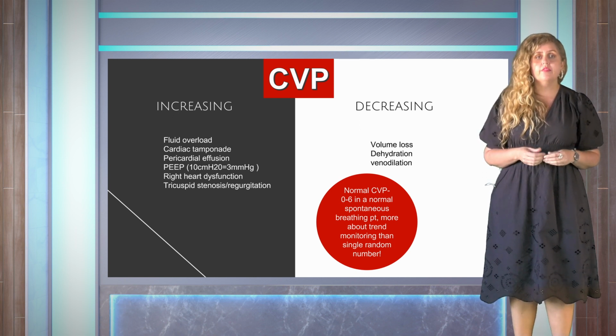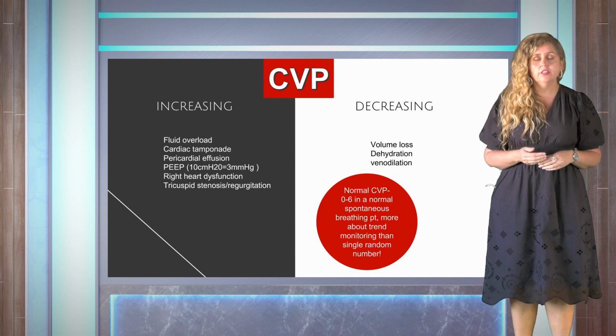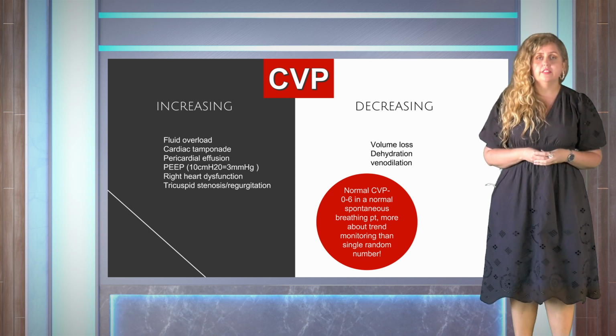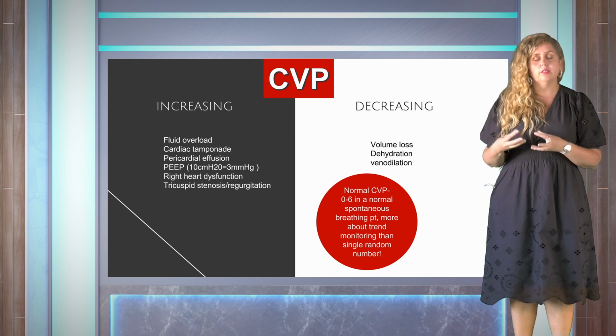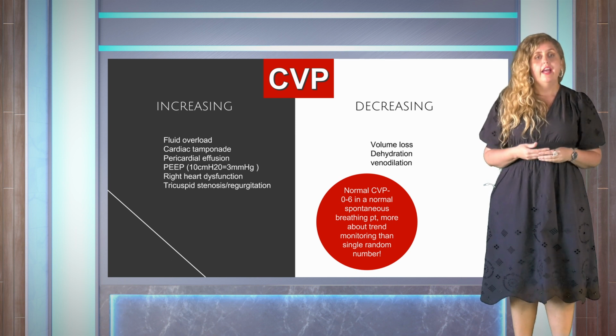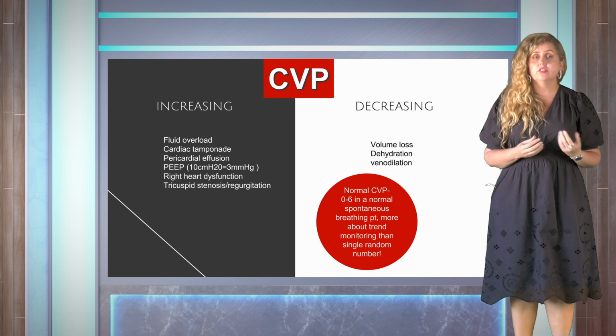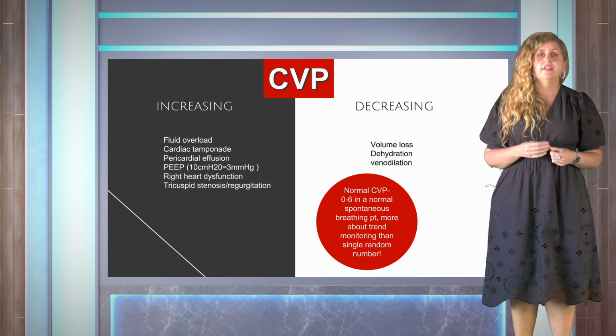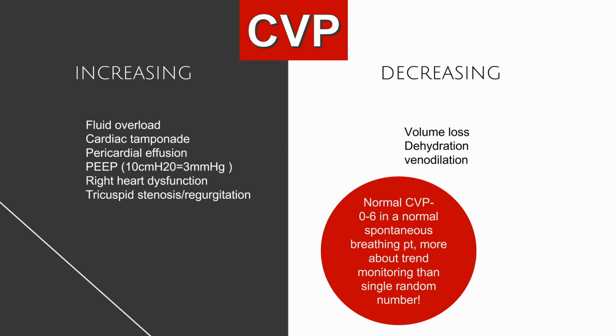If we have right heart dysfunction, we will also have an increased value in the CVP because we'll have a buildup of volume and pressure. And tricuspid valve issues, stenosis and regurgitation, will both give us an increase in CVP. In stenosis, it's going to be difficult for the right atrium to empty into the right ventricle, increasing the pressure.